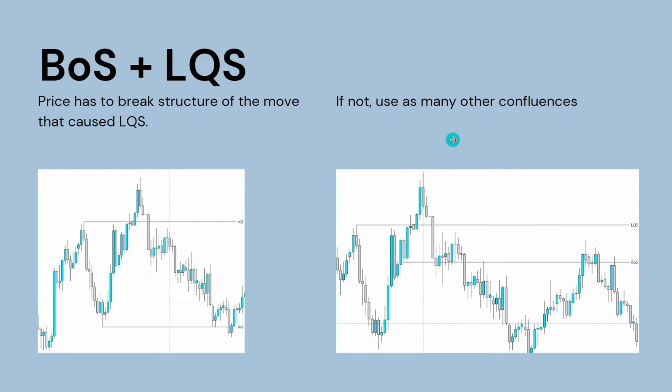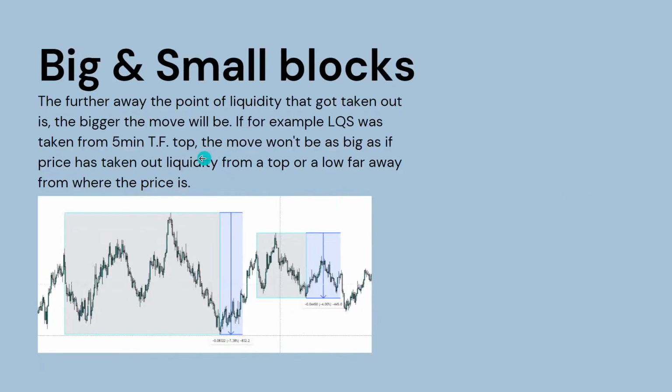But then we have to rearrange the other confluences used for a retracement, like a fair value gap right here, big and small blocks. This is actually very complicated. I barely understood it myself.